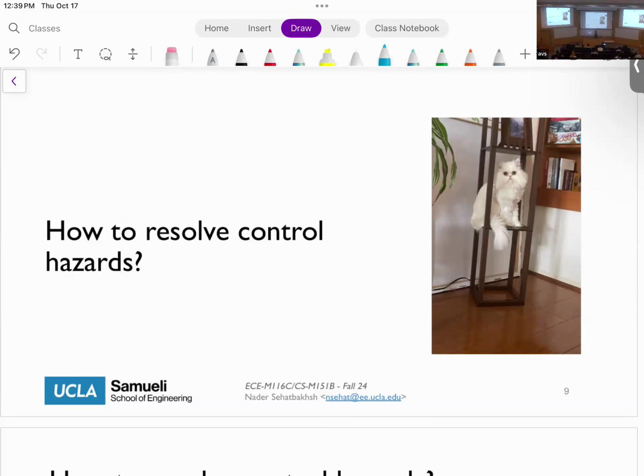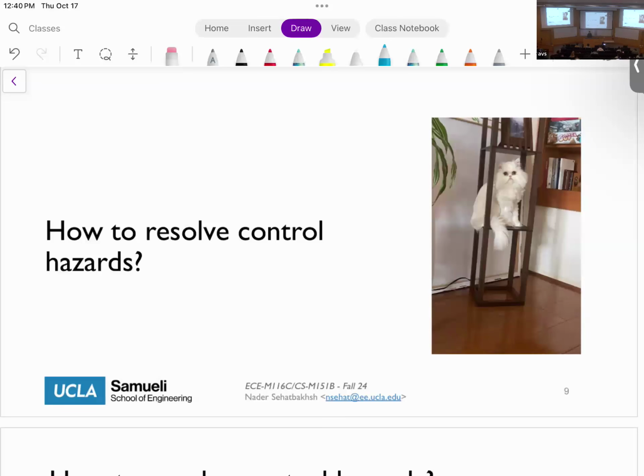You speculate that, okay, I don't know whether it's going to be taken or not taken, but let's assume one of them, probably not taken because it's easy, it's just PC plus 4. So let's ignore this branch. If it's really taken, then I need a mechanism to recover and go back and continue. If I make this guess correctly most of the time, then it's very beneficial. I don't need to stall, I just need to recover. So I'm paying the penalty of recovery versus the penalty of stalling all the cycles.